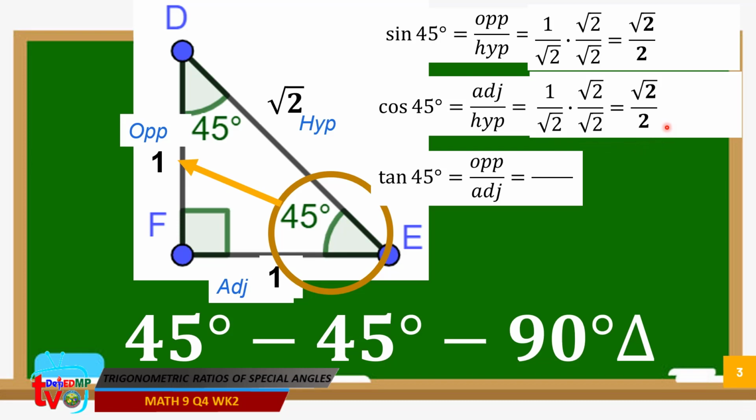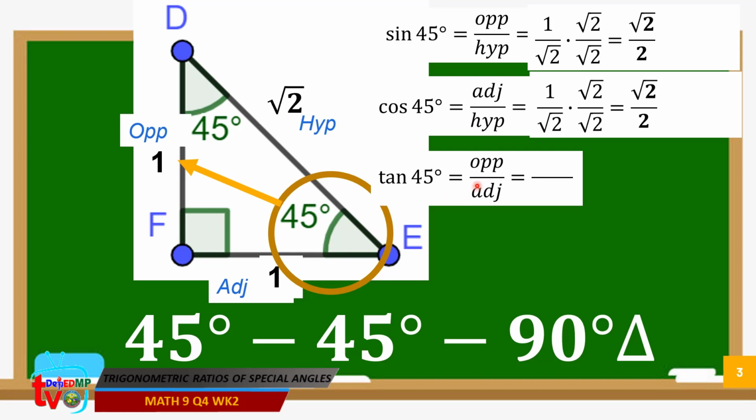Therefore, cosine 45 degrees is square root of 2 over 2. And you notice that the sine and cosine ratios are the same in value. Now, let us proceed to the tangent ratio of a 45-degree angle.